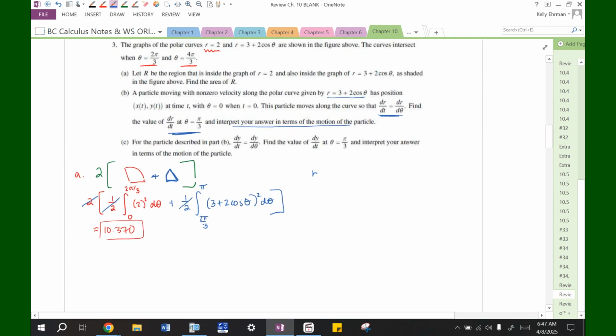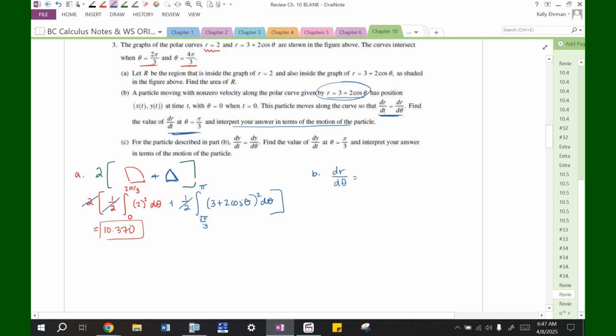Okay, so for part B, what are we supposed to do with this? So we want something about dr dt. We have an equation for r in terms of theta. Because dr dt is equal to dr d theta, and we're not given any number for dr d theta like we were in the last problem, I'm going to go ahead and find the derivative of r just with respect to theta.